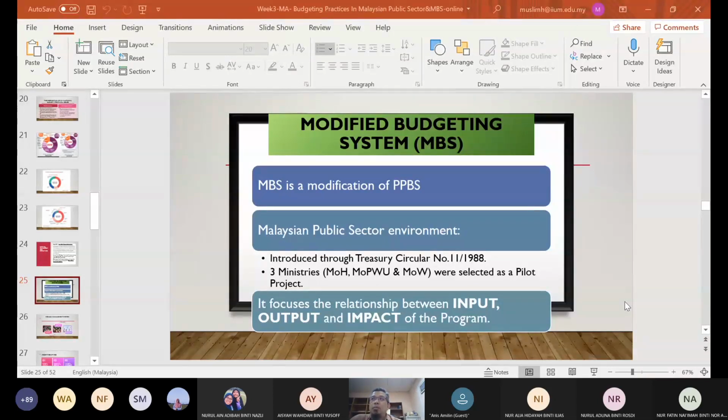But from that question, it can also mean that the government should allocate in priority areas, important areas. So during the time of crisis, they allocate more in terms of healthcare and financial aid to help those who are badly affected, the B40s.